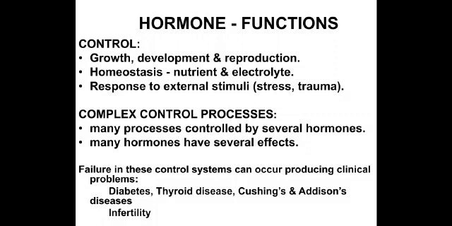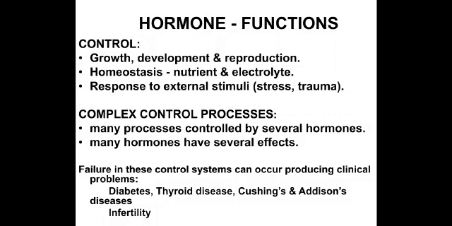Then we have the pancreas secreting insulin and glucagon, the adrenal cortex which secretes glucocorticoids and mineralocorticoids, and the adrenal medulla which secretes the catecholamines, adrenaline and noradrenaline, along with the reproductive system which secretes estrogen, progesterone, and testosterone.